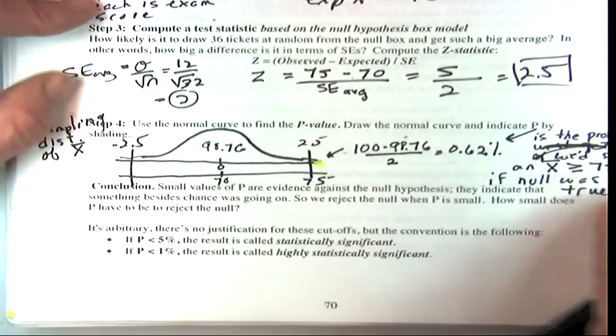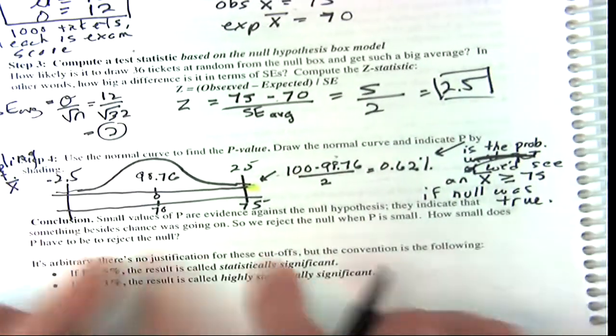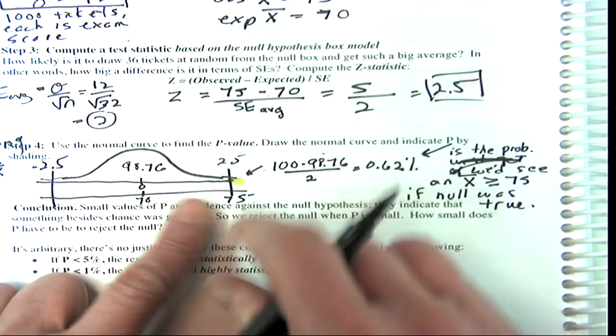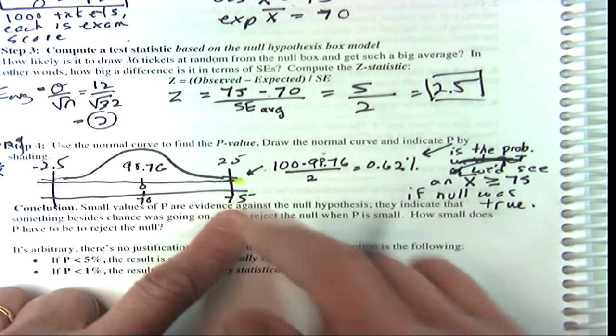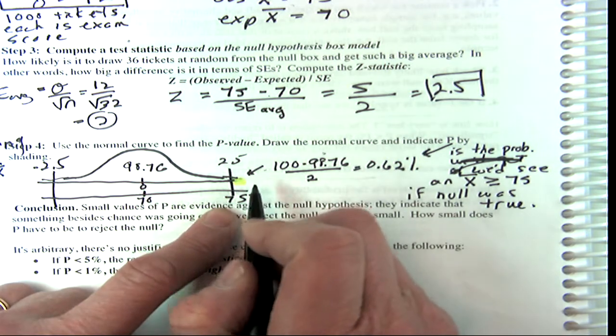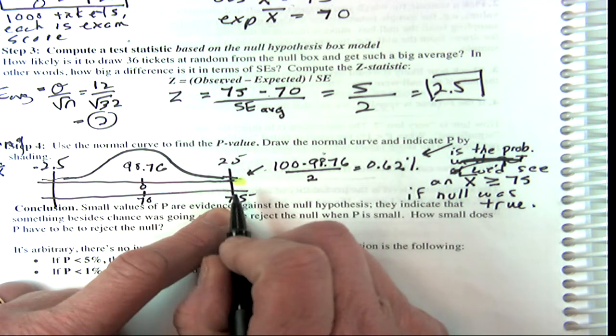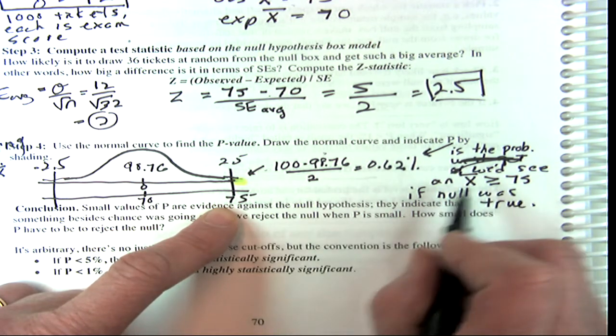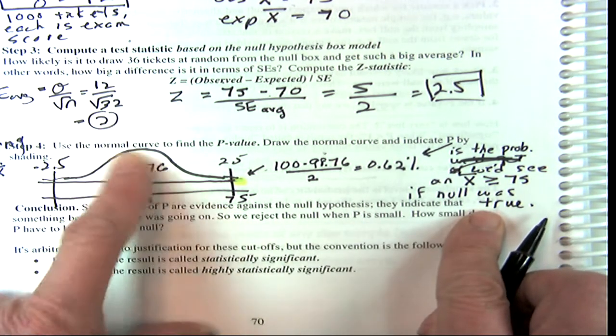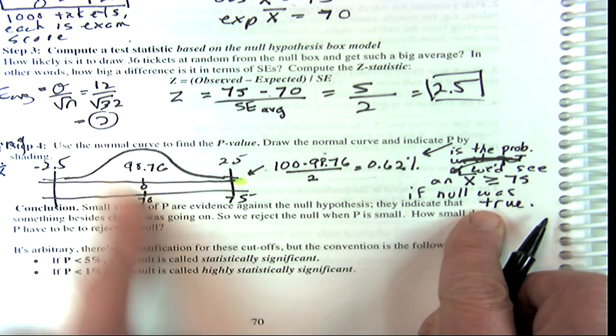It's just the probability that, when we did this randomly, we'd get a 5-point difference in this direction or more. That's why it's extending out. We're saying the probability we get this big a difference or more, that our x bar would be that, if the null was true, if it was just random.